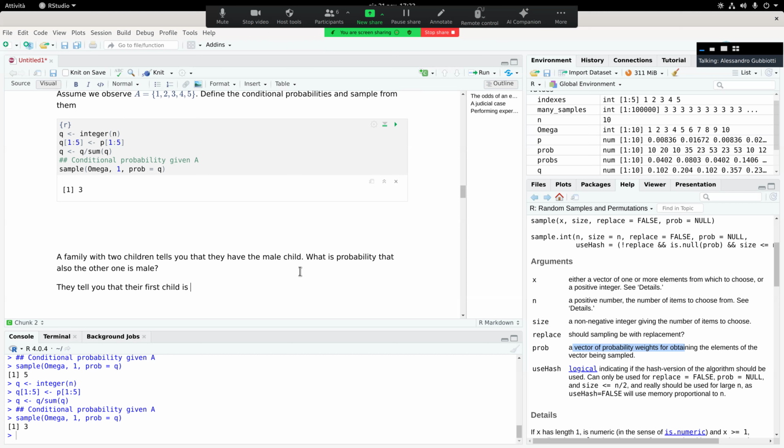What is the probability that also the other one is male? So you have to pay attention to how the information is given to you. The second sentence contains more information than the first one.